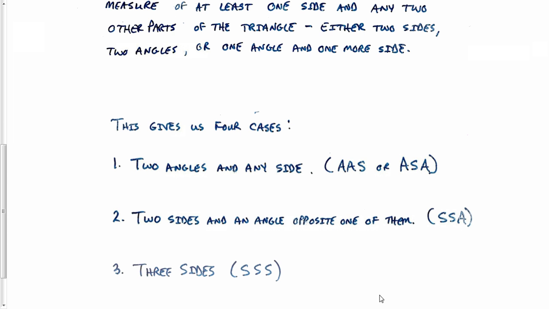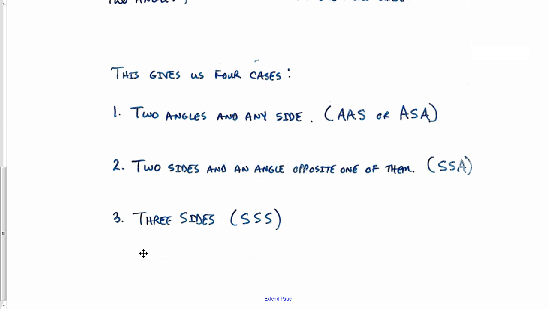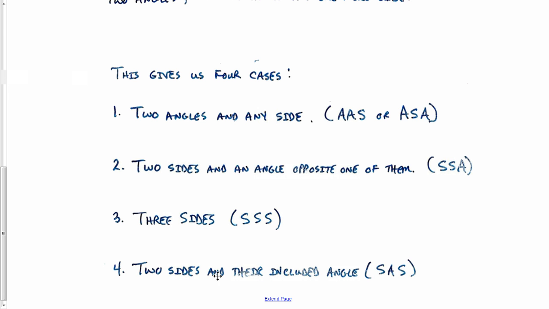Another possibility is that we have to have one side and two more sides. So we would have a three sides situation there, knowing three sides, and we'd have to find the other information. Or we could be given two sides and their included angle.